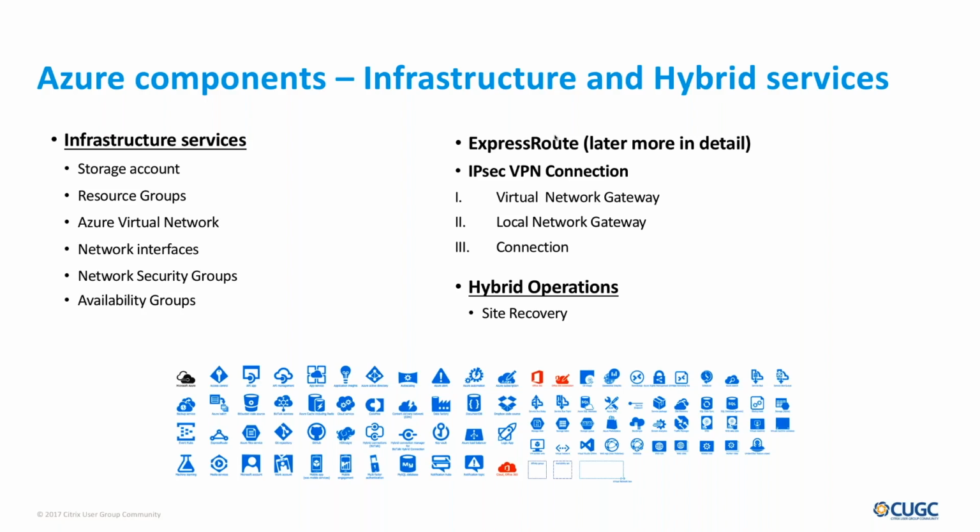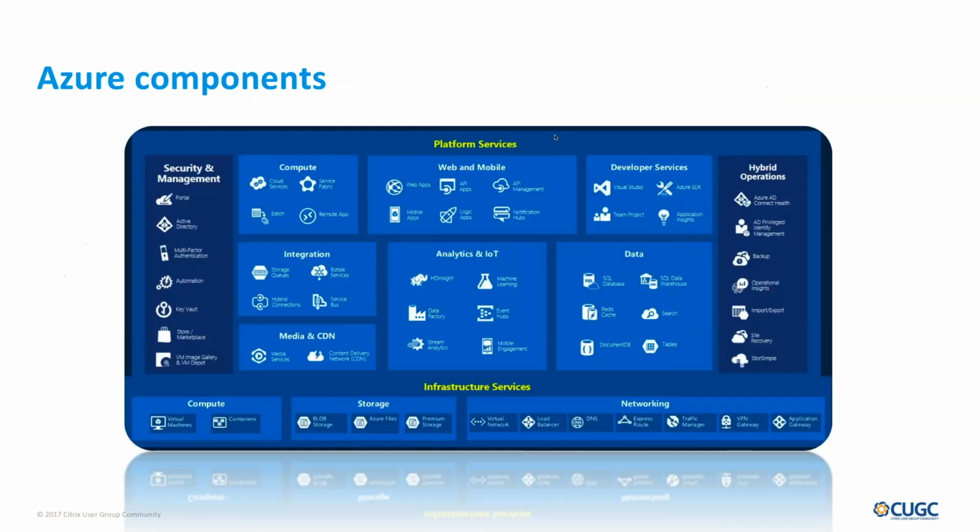Also part of the infrastructure service and the platform service of Microsoft Azure is the hybrid operations service, and inside that we are activating the Site Recovery service, which is used for the actual disaster recovery of our Citrix XenApp environment that we are going to build in the next slides. So here's a nice portal where you can see all the services of Microsoft Azure.